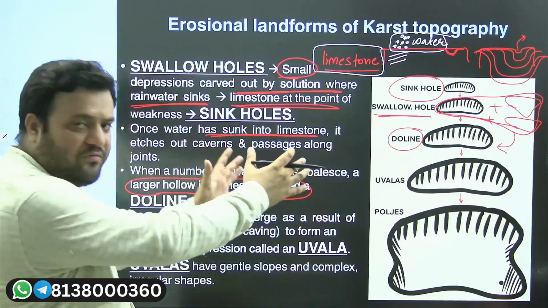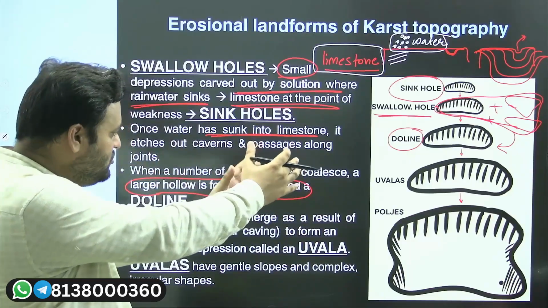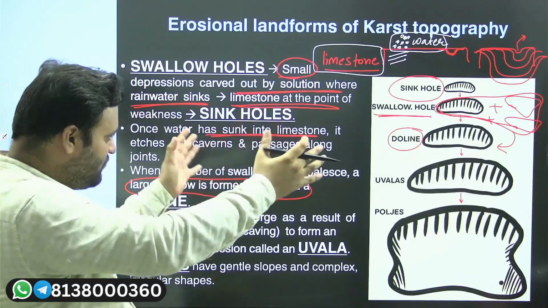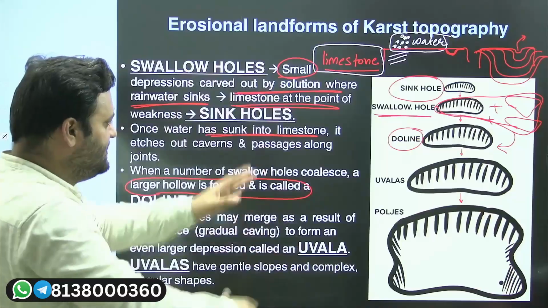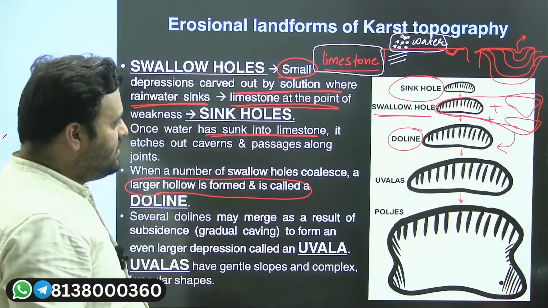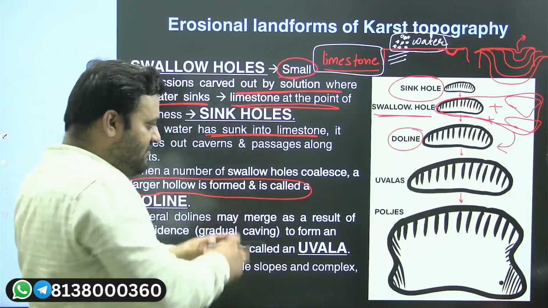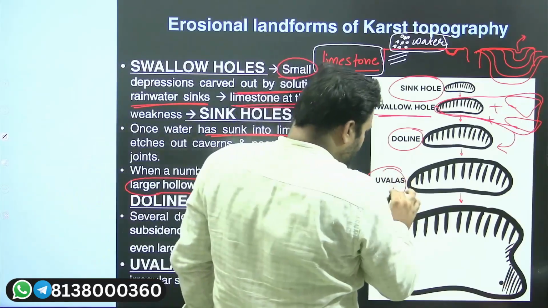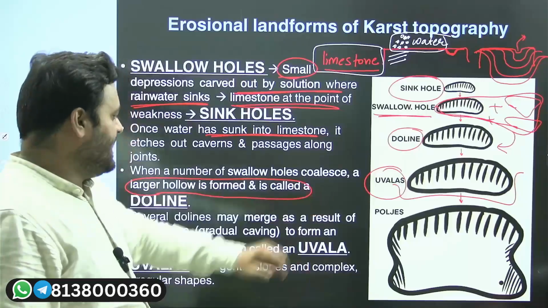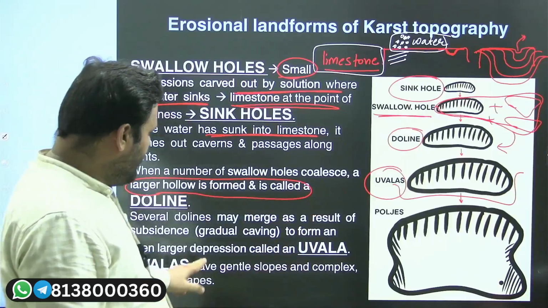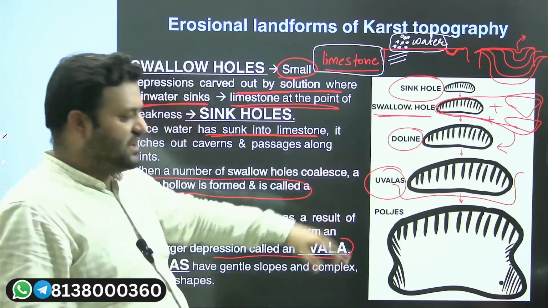Now many of these dolines might have some sort of merger. These dolines might have some sort of subsidence as a result of the gradual action of water, and it will widen further. And then we will have the formation of Uvalas, a greater depression which we refer to as Uvalas.